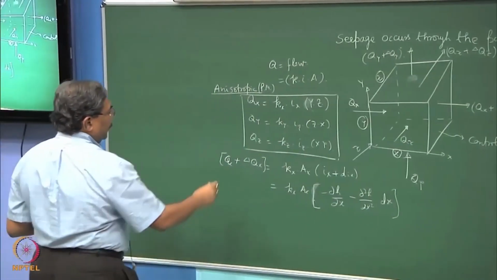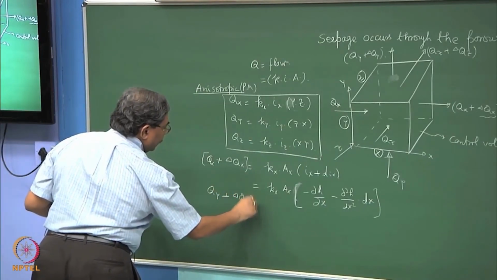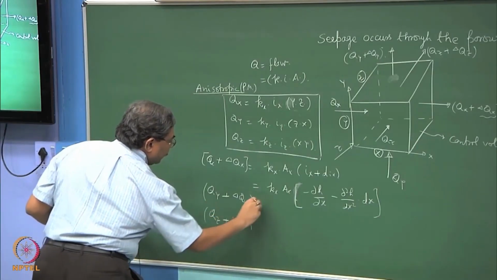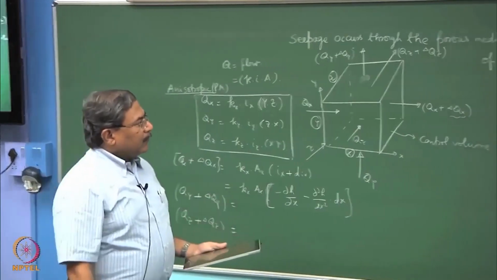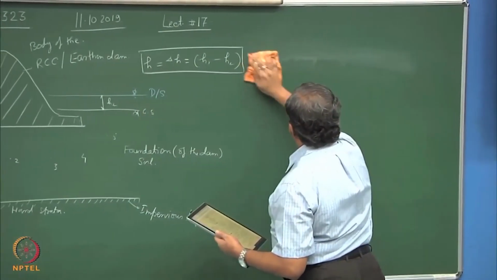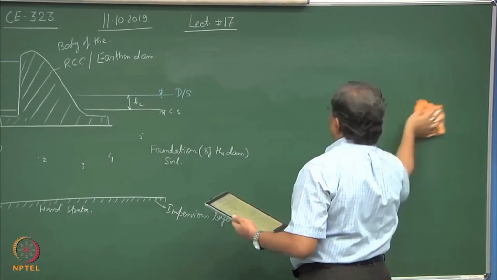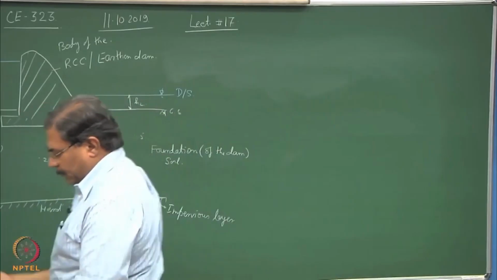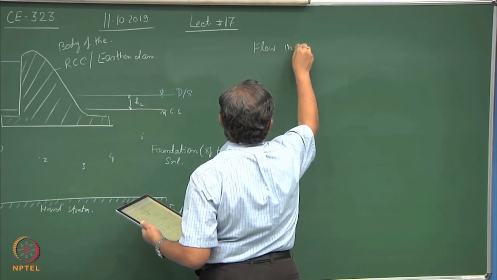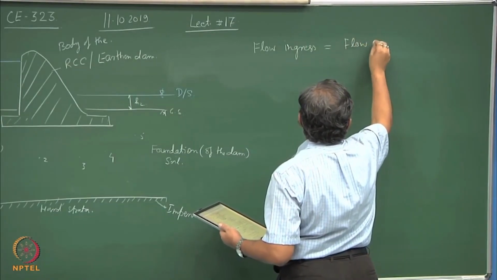Similarly, I can write for the other terms also, that is q y plus delta q y and q z plus delta q z. Now, if I use the continuity equation, I can say that the total discharge passing through the system, the flow ingress, is equal to the flow egress.